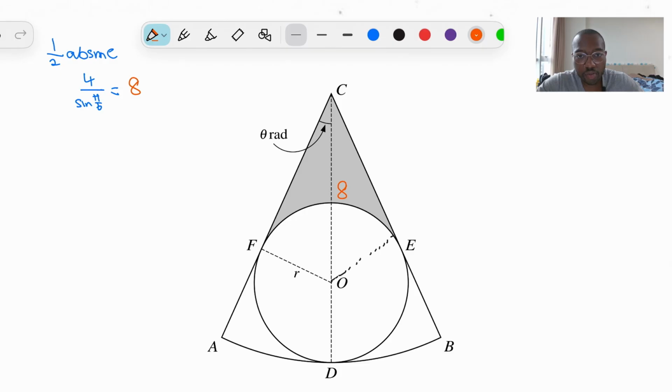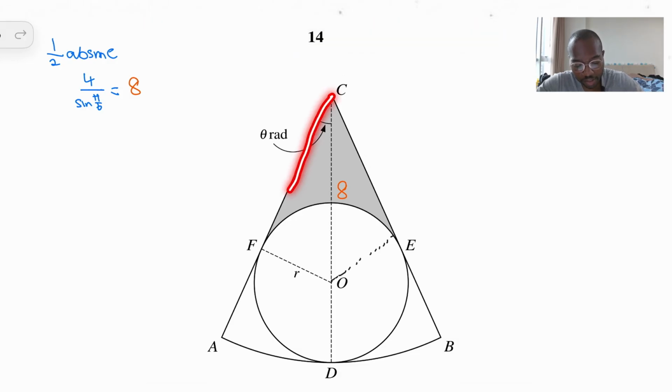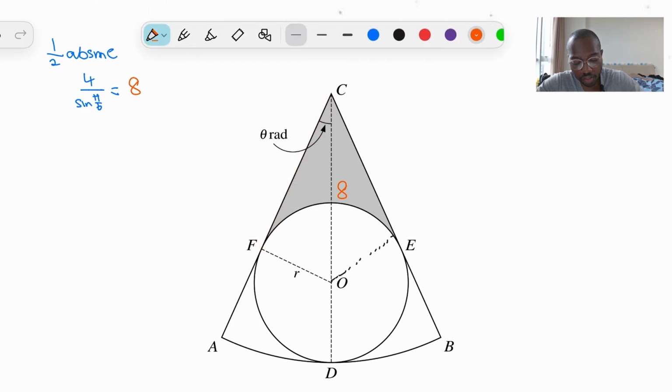Now we need to look at working out the other side. So we want to work out this side here. Let me draw a little triangle here, not the most accurate, but it does what I need it to do. F is here, O is here, and C is here.